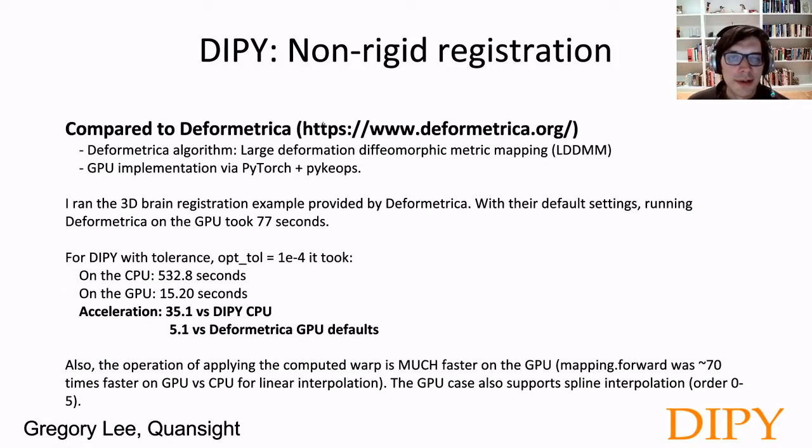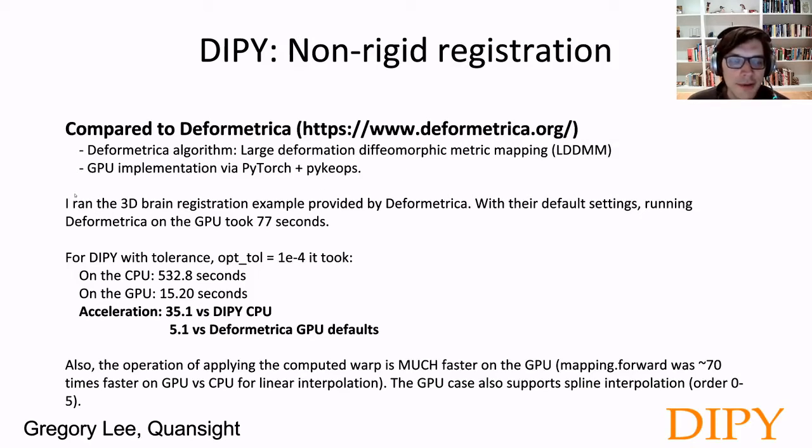So I did a little bit of a comparison to another library available in Python that has a GPU implementation. It's called Deformetrica, and it implements another non-rigid algorithm called large deformation diffeomorphic metric mapping, and it's using PyTorch as the underlying library here rather than cuDIPY.